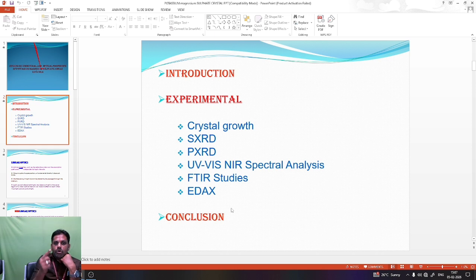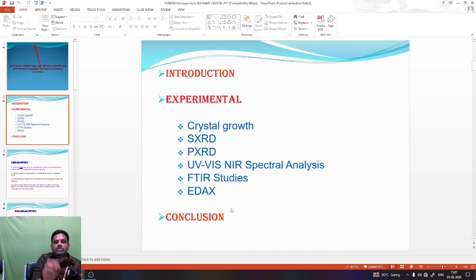So 1 mole of substance is dissolved in 100 ml of solution, like organic solvents such as ethanol, ethylene glycol, whatever it may be, some organic solvents. And now it is dissolved and kept in sunlight, allowed to evaporate slowly. Then finally the precipitates are formed, which are nothing but small crystals.